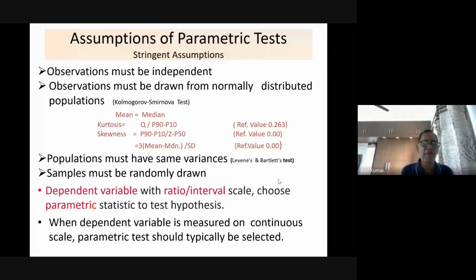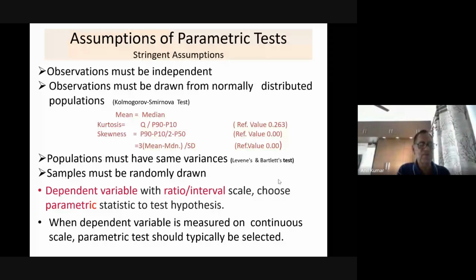Sample must be randomly drawn. I think all of you will agree with me that whenever we are sampling the population, a random sample provides us more chances of a normal distribution of the data. So try to select the sample by using a random sampling technique from the population.